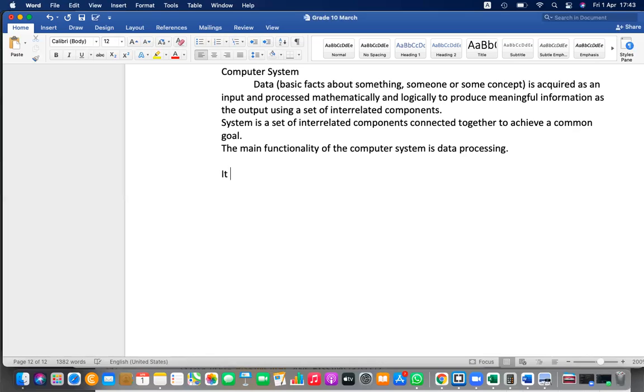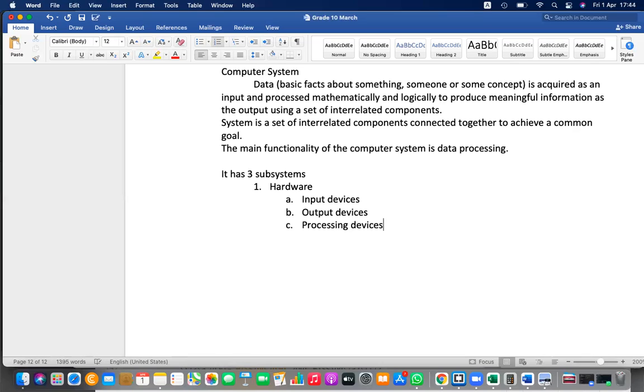It has 3 subsystems. The first one is hardware. Hardware has input devices, output devices, processing devices, communication devices or memory, storage, and communication devices.